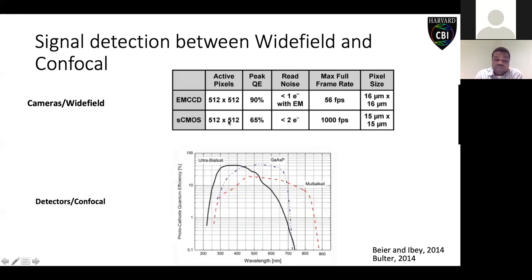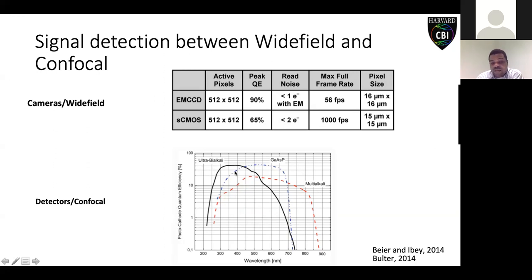When it comes to your confocal mode, you are using detectors, and here the detectors are based on a photocathode array, whereby there's a different voltage that goes across your detector, and that helps to determine the sensitivity. Various detectors have various quantum efficiencies.